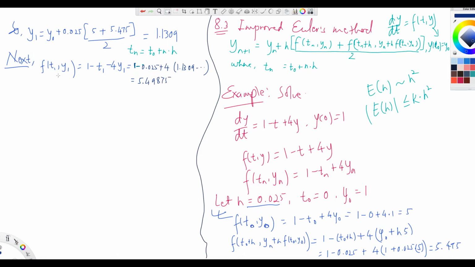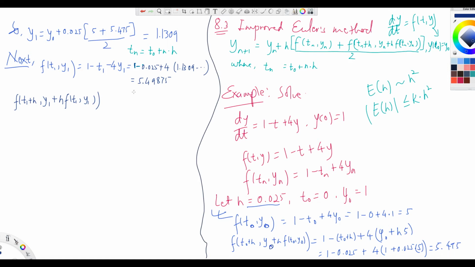This is what you will get for f of t1 y1. Okay, so similarly you need to find f of t1 plus h comma y1 plus, by the way, this would be y0, plus h times f of t1 y1. This is what you will find out, and then you find the y2 value.